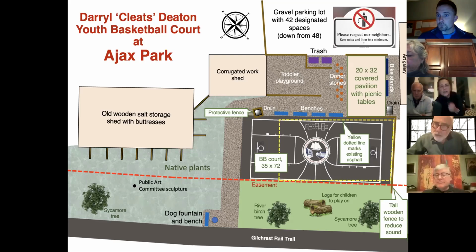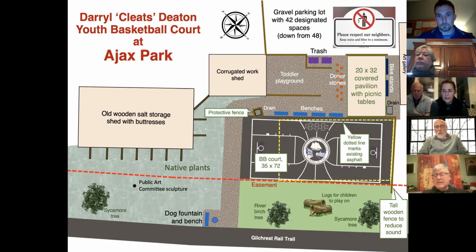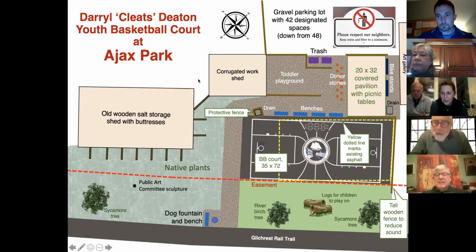Jim, could I ask a question? It's Molly. Certainly. I think the presentation that you have is wonderful and very clear, but I'm wondering about the scale. Looking at the pavilion, you say it's 20 by 32, and between the pavilion and the art gallery, it looks like there might be 5 feet.